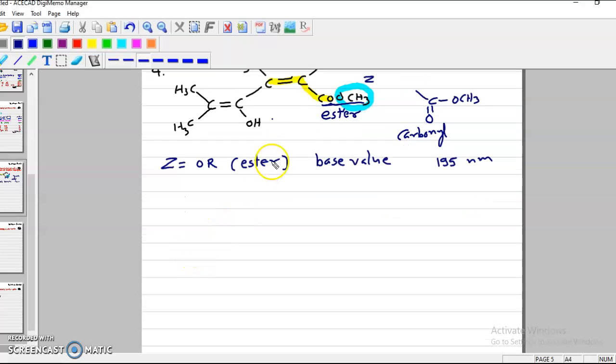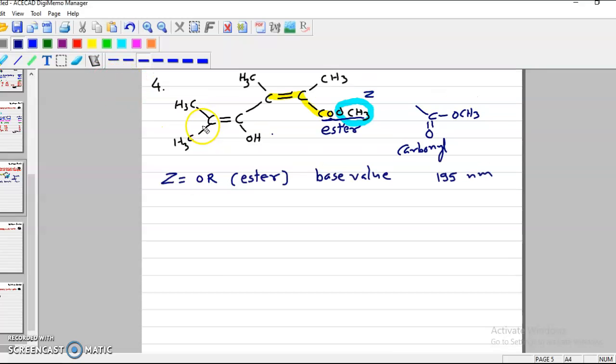Next. Now, we have to find out whether there are any extra conjugated double bonds or not, or can we extend the system or not. Yes, because there is single bond over here, then there is double bond. So again you will find one more double bond over here, so extension of system is possible.